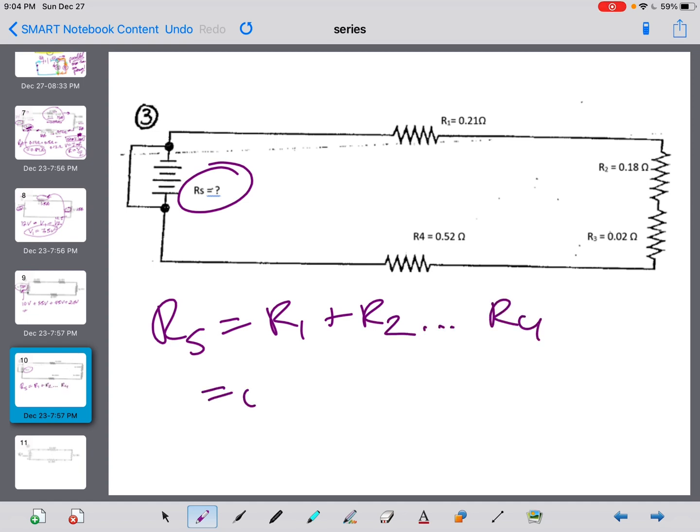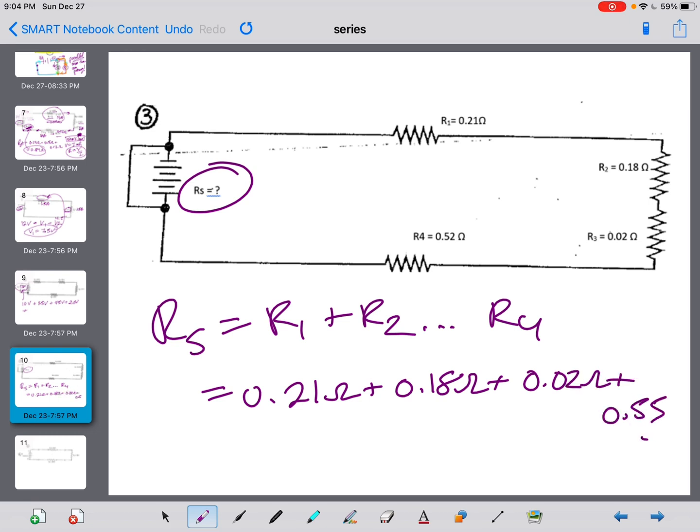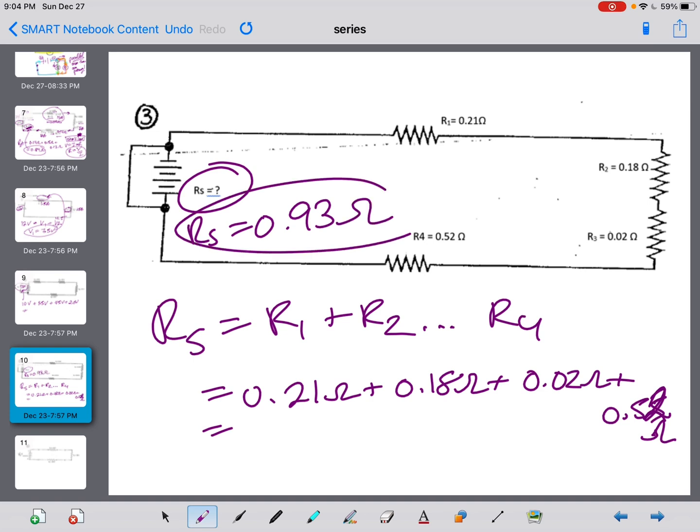So this is going to be 0.21 plus 0.18 plus 0.02 plus 0.52. Oops, should be a 2. Okay, so your total here should be, let me get my calculator out. 0.21 plus 0.18 plus 0.02 plus 0.52. So your RS value is 0.93 ohms.